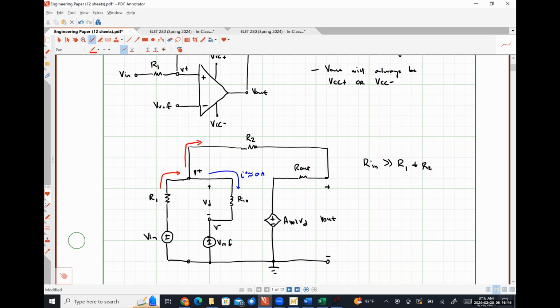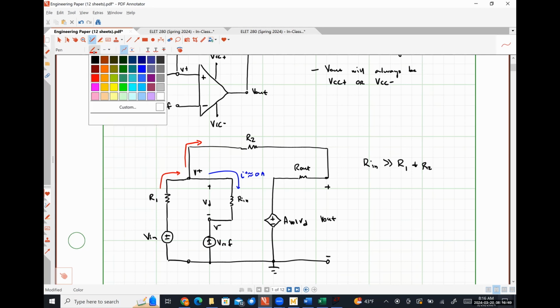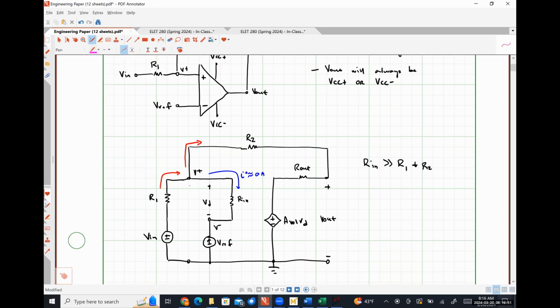The voltage drop across that input resistance is going to be incredibly low. So effectively, this voltage here seen at our non-inverting input terminal is going to be approximately whatever our reference voltage is. Because if there's very, very small voltage drop across that resistance Rn, then that's just going to almost short circuit Vref up to that node.